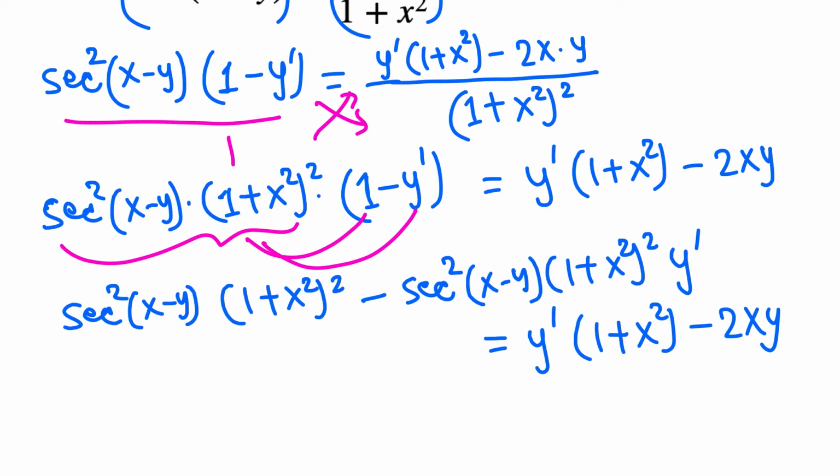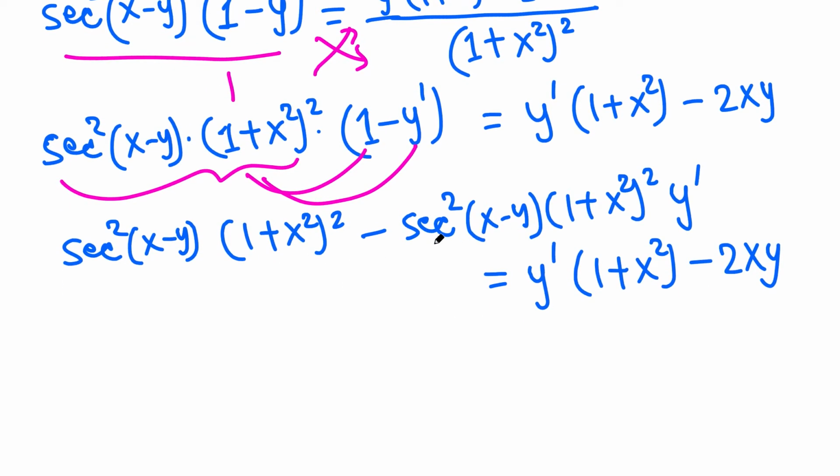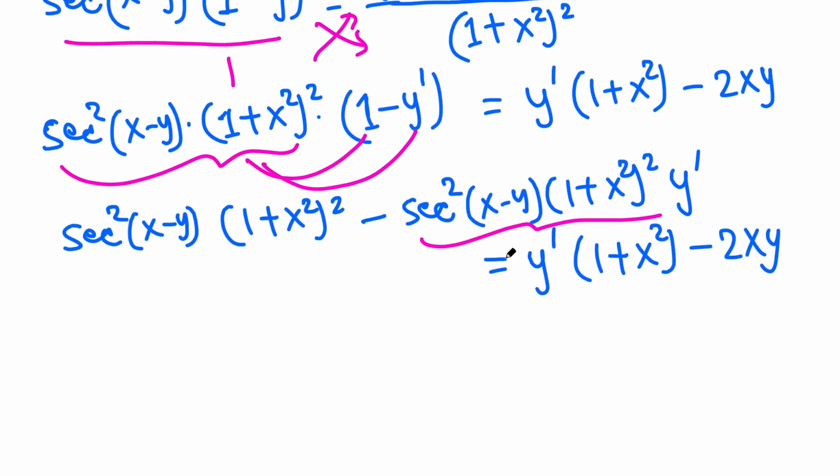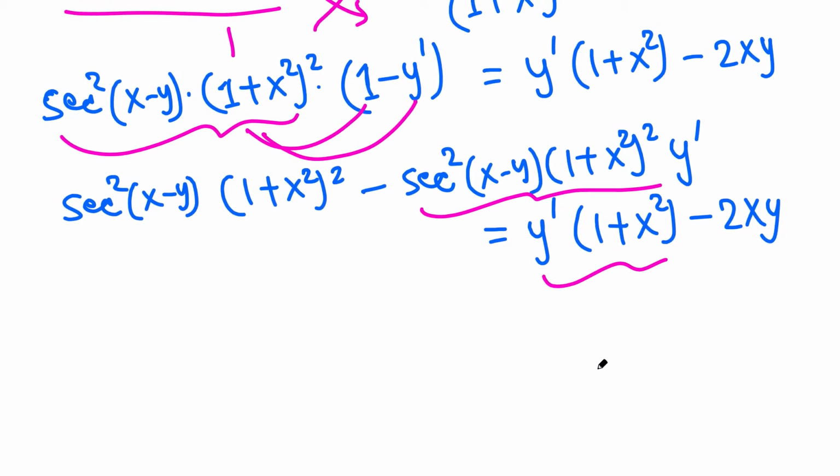Now we want to collect the terms containing y prime on one side and factor y prime, then isolate. So here is y prime and here is y prime. So this is negative. So let's move this to the right side, which means we need to add. We could have moved this to the left side as well, but this negative sign, when we move, that means we need to add.